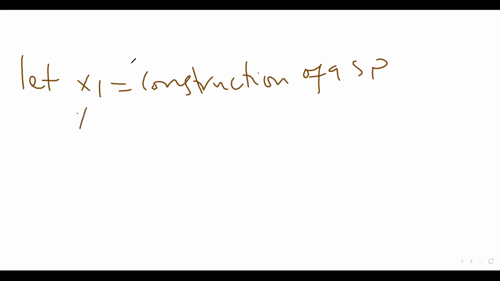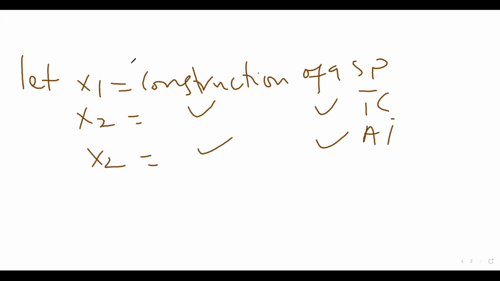So let x2 be the construction of a tennis center, x3 be the construction of athletic field, that's x3. x4 becomes the construction of a gymnasium. The construction of it is very, very important. So we let that represent the situation.